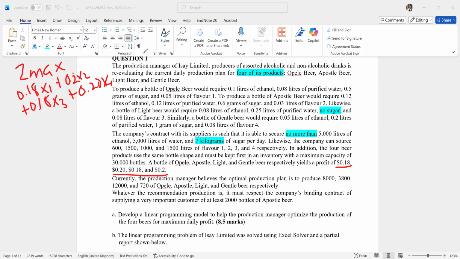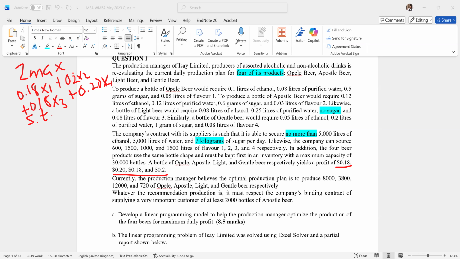Lower your hands then. So this is the objective function. Now imagine somebody gets the objective function wrong, he's out. Prof, please, are you supposed to bring the currency, the dollar sign, or it's fine? No, you don't have to. Okay, thank you. Now you go to the constraints.